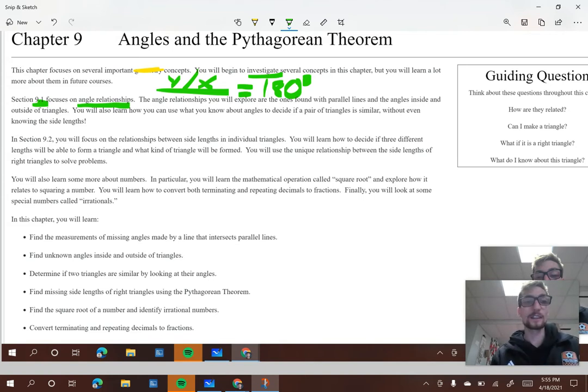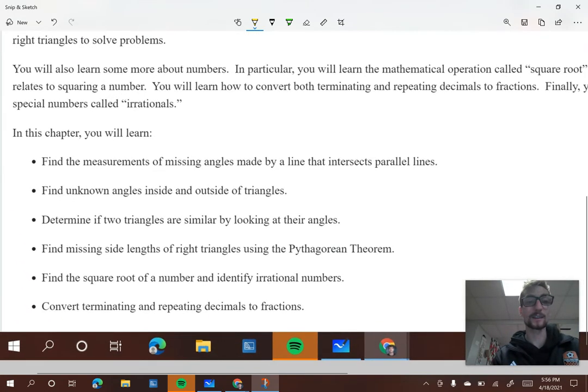Then we're also going to be looking at triangles, and maybe we're going to have missing angles within that triangle. For example, if I know this angle here is 50 degrees and this angle here is 40 degrees, then what would the missing angle here be? We're going to use a little bit of algebra as we try to find those missing angle measures.